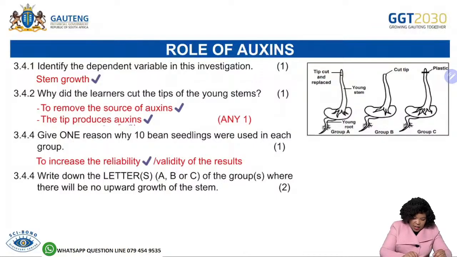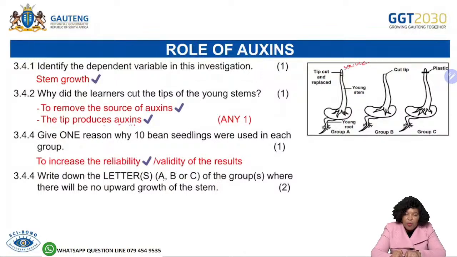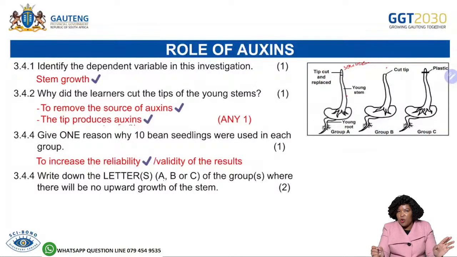Then write down the letters A, B, or C of the groups where there will be no upward growth of the stem. So let us take a look at A. This is the source of auxins. The tip was cut, but the source of auxins was put back directly on top of the stem. In B, the source was removed completely.